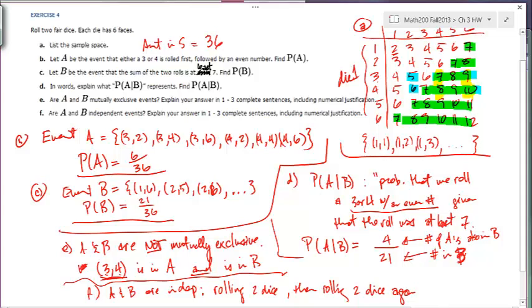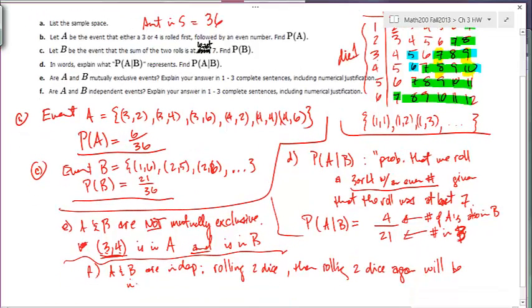And the second time you roll the 2 dice is not going to depend on what happened in the first time. It will be independent of the first dice roll. So I think they should be independent in that case.